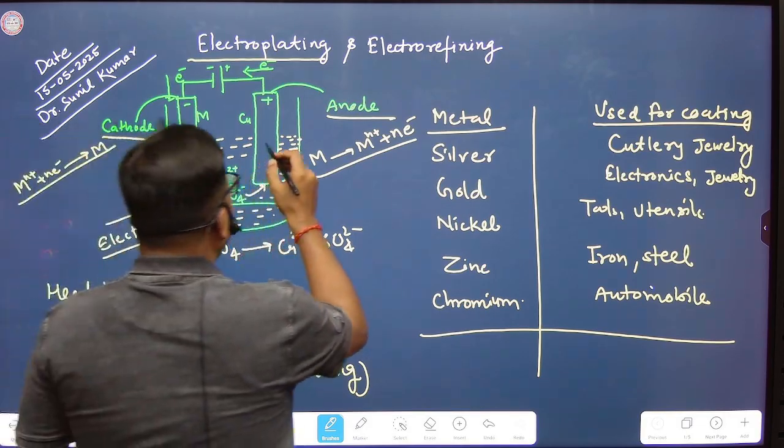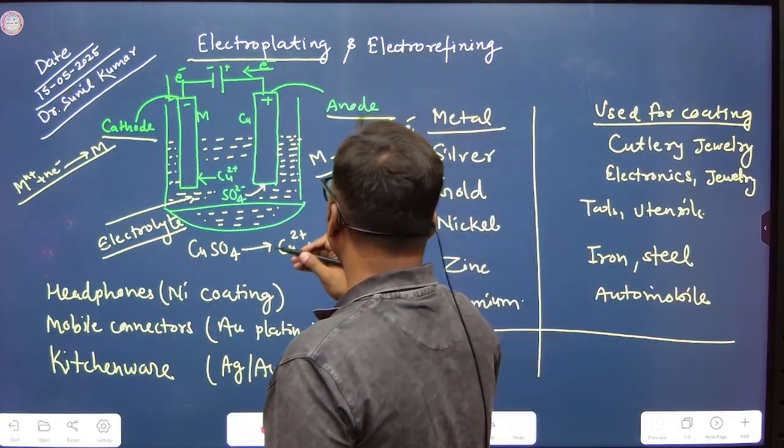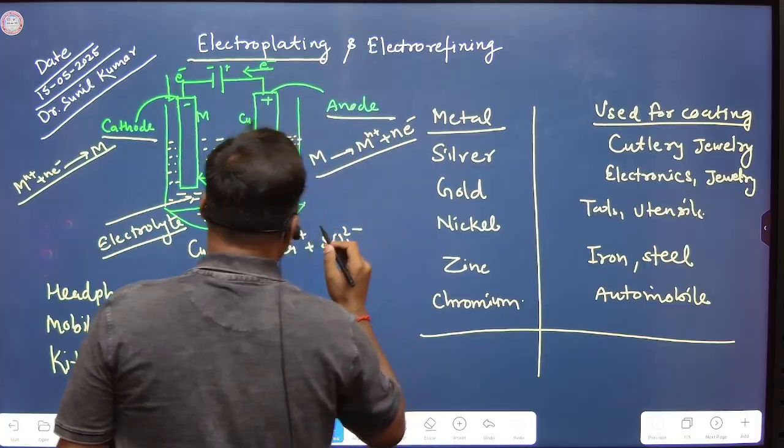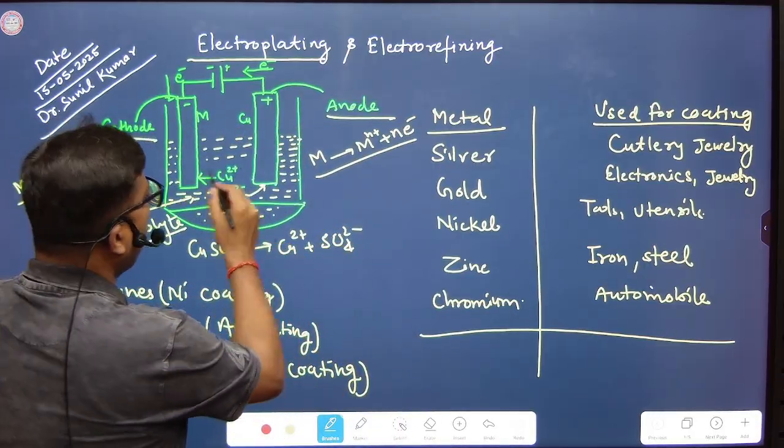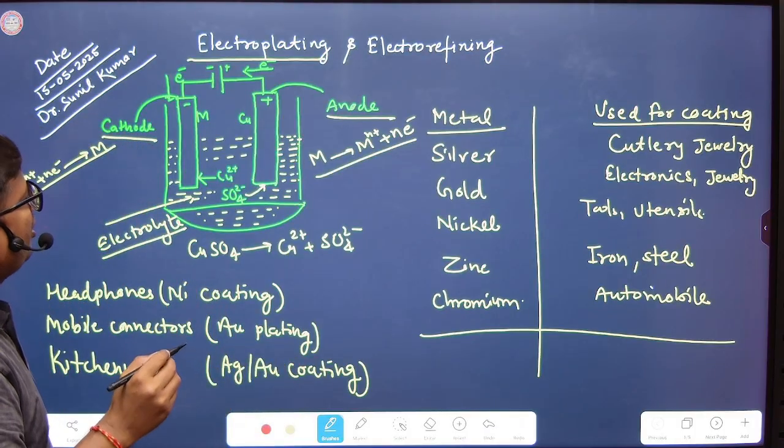The next electrode, the anode, is composed of the pure metal which is used for coating.